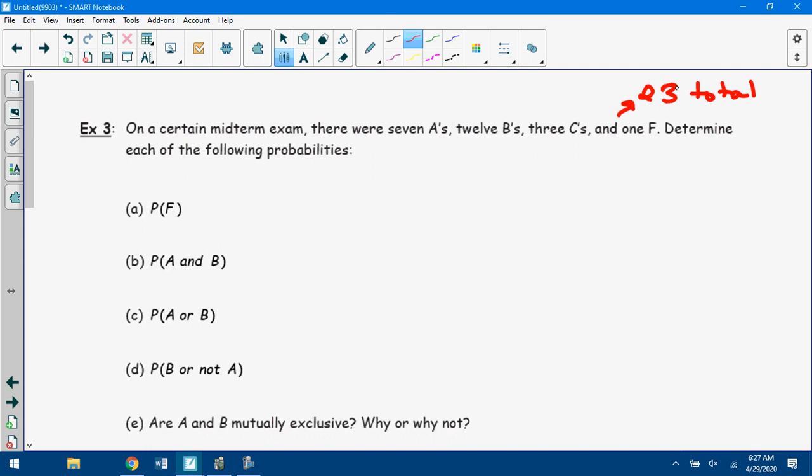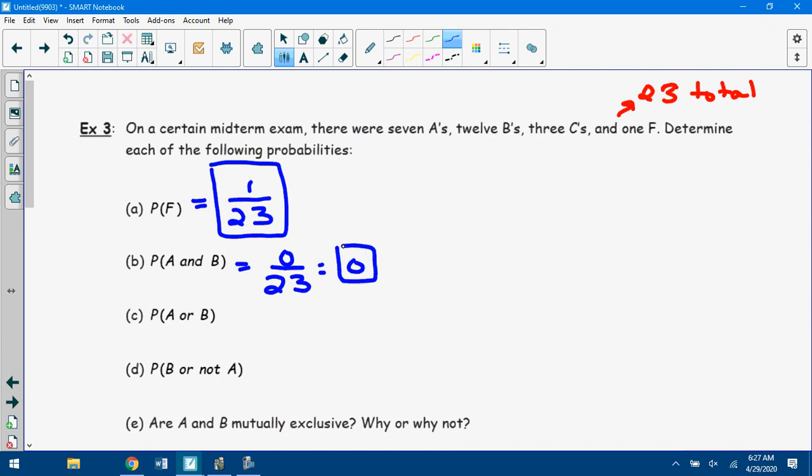Probability that they get an F, what's that going to be? 1 out of 23. Just remember to make it a probability: number of F's out of the total. Probability of A and B. So the probability that one person chosen at random is an A and a B at the same time. That might be a little misleading, but it's actually 0 out of 23, or 0.